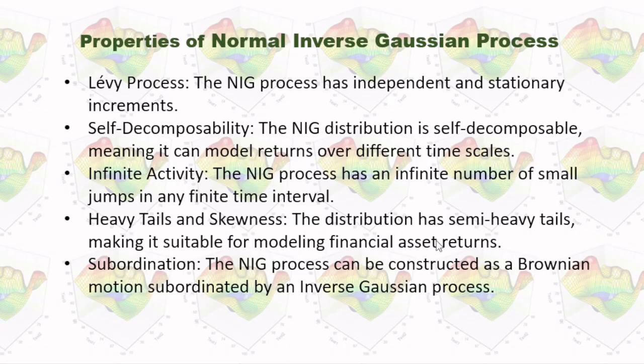The distribution has semi-heavy tails, making it suitable for modeling financial asset returns. The NIG process can be constructed as a Brownian motion subordinated by an inverse Gaussian process.